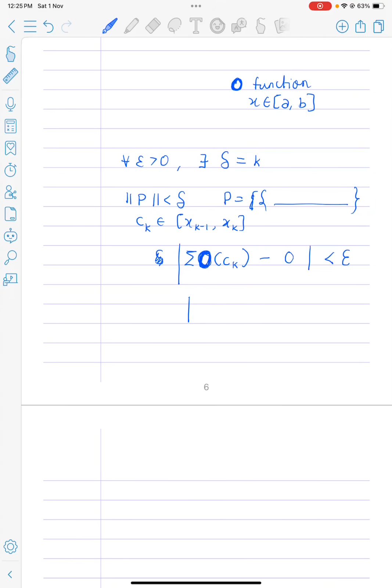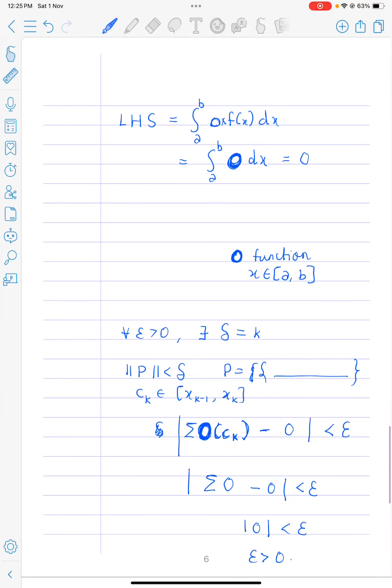But you see, since this is the 0 function, it will take any ck to 0, right? So this will be summation of 0 minus 0 less than epsilon. So this is 0, which is anyway true.